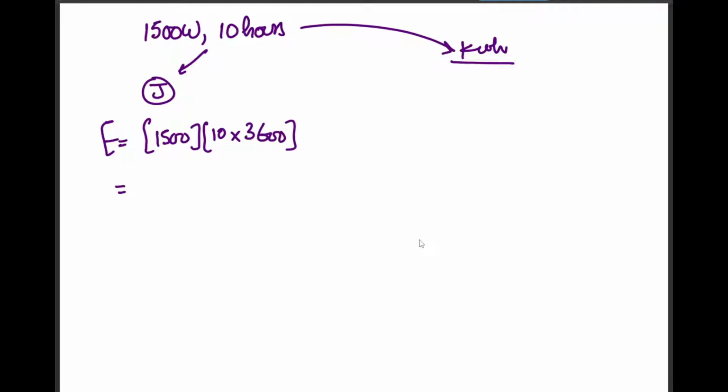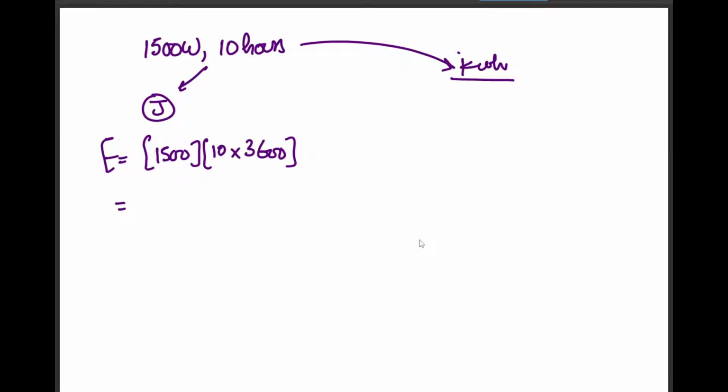I'll get my answer, and over here I'll have to convert my power into kilowatts according to the unit. So 1500 divided by 1000. I'm going to do that every single time because I want to convert watts to kilowatts, and then I'm going to multiply this. Since this is the power, multiplying this with the time will give me the energy.